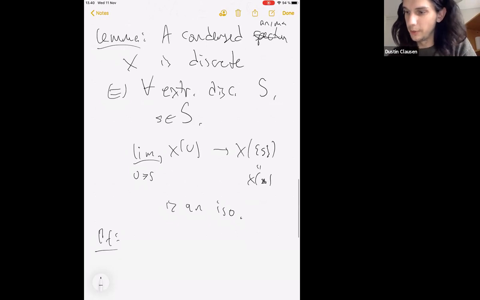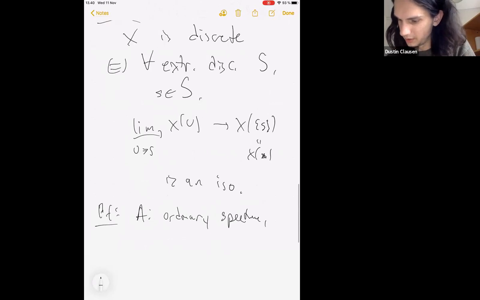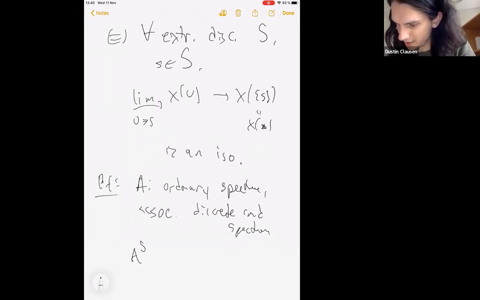So if you look at the formula for the condensed spectrum associated to a discrete spectrum, say if A is an ordinary spectrum, then the associated discrete condensed spectrum, let's call it A discrete, is defined by A discrete of S should be the sheafification.